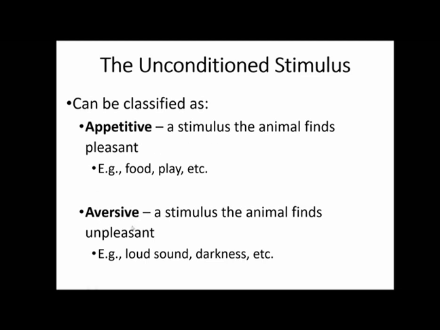Or you can have things that are aversive, a stimulus that the animal finds unpleasant, a loud sound, maybe darkness. And so you can train these associations from either appetitive, things they're going to enjoy, or aversive stimuli, things they won't enjoy, but both can be used for classical conditioning.